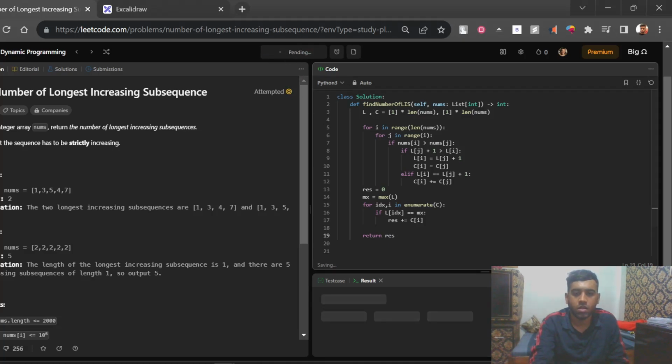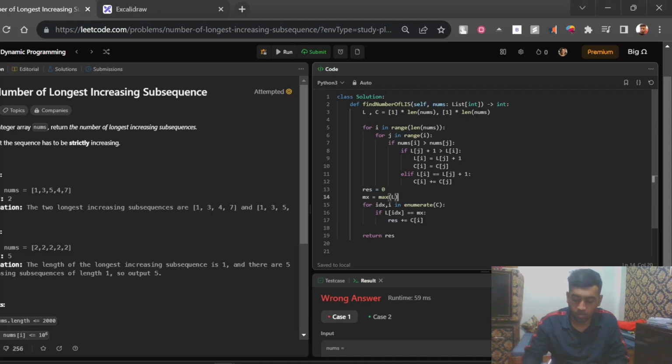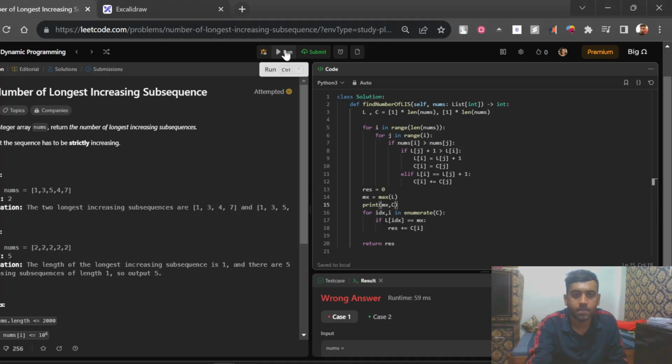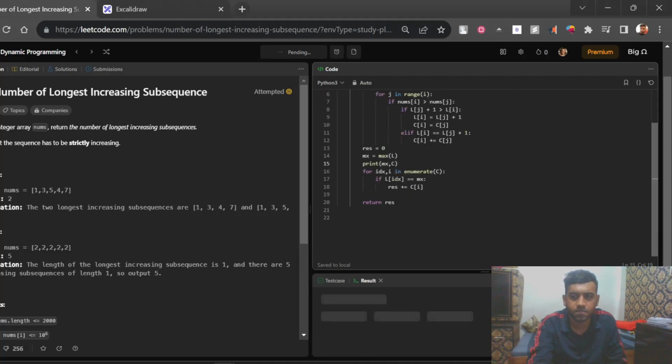Okay, cool. Now just run this and check if everything is working fine. Okay, we are getting an error here. Let's just print and check what is the value of mx, and what was actually C in this.